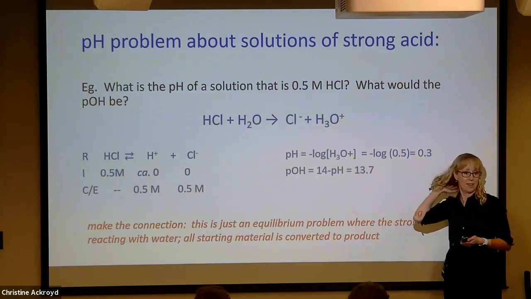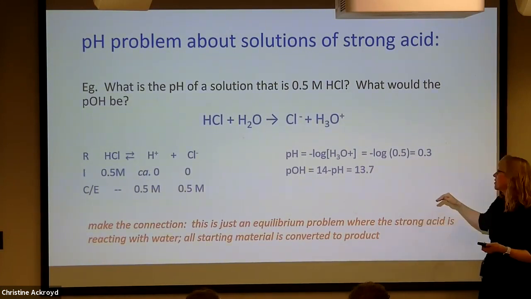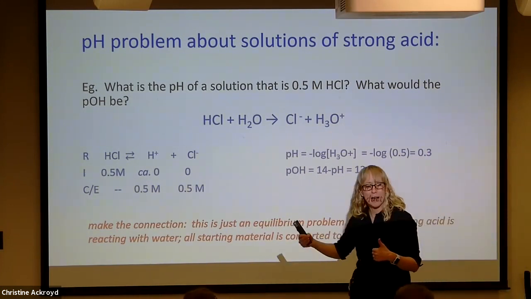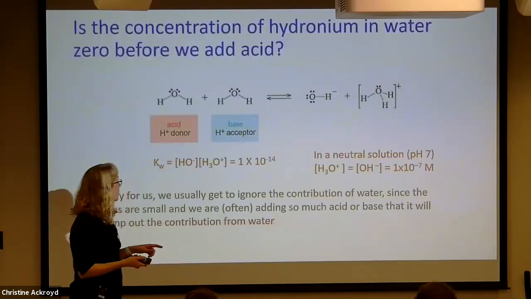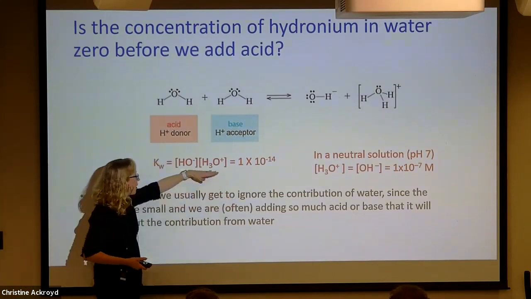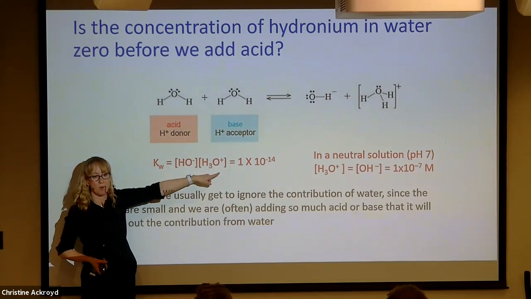Okay. Is that where you would expect the pOH to be? If you have a solution that has a lot of hydronium in it, what does that say about how much hydroxide is in that solution? The product of the hydronium and hydroxide concentrations has to equal the Kw of water, right?